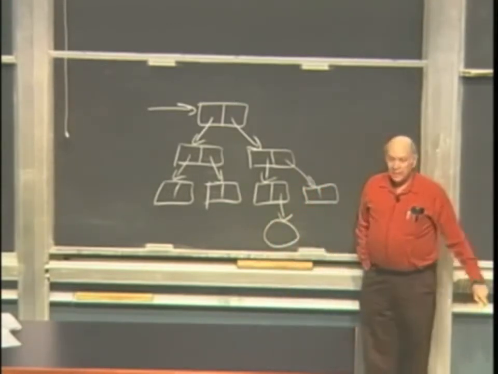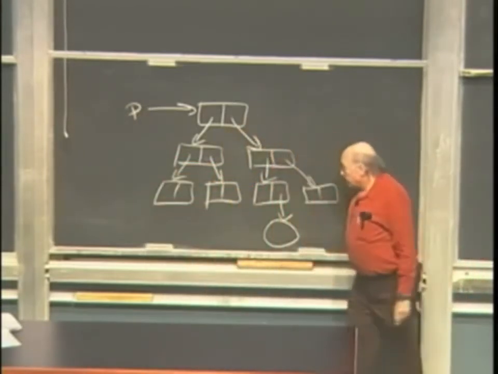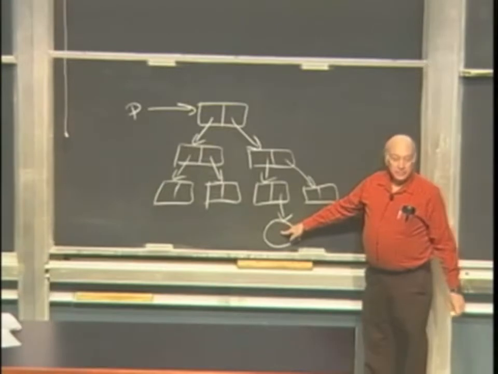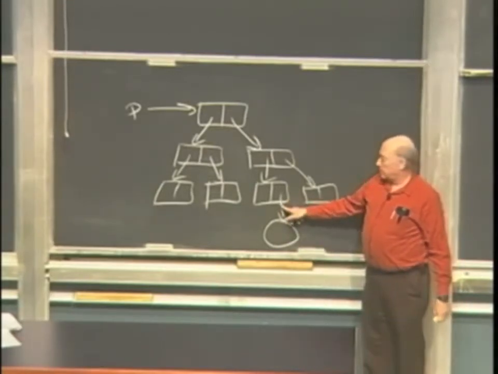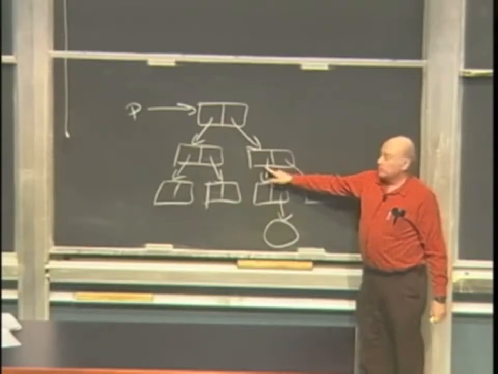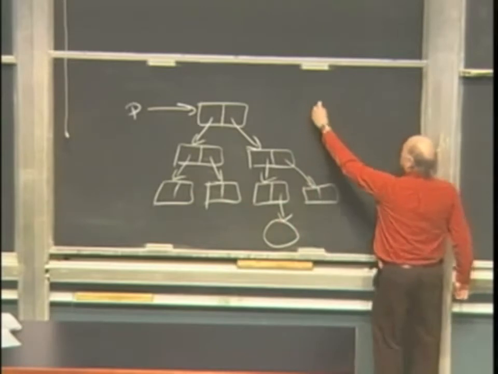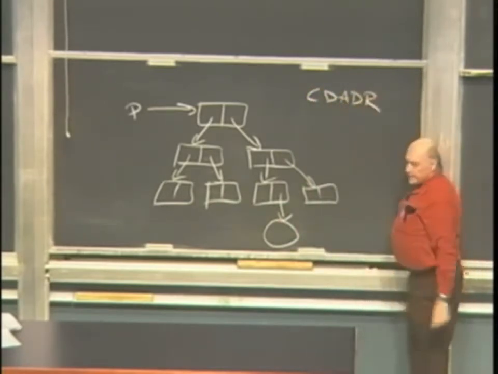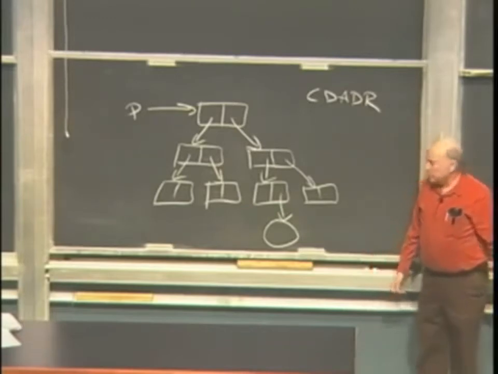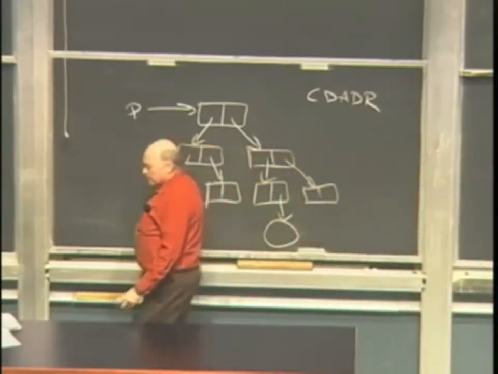And let's say this pair is called P, and I want to know what's down here. Well, this is the cdr of the car of the cdr of P. And it's because you can do things like that that these otherwise stupid names have lasted.